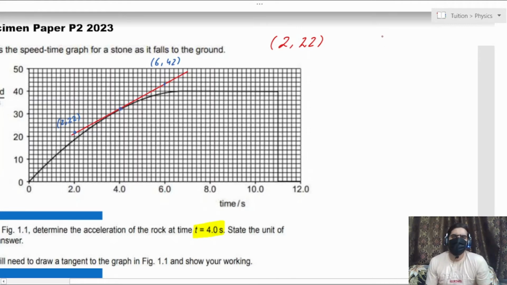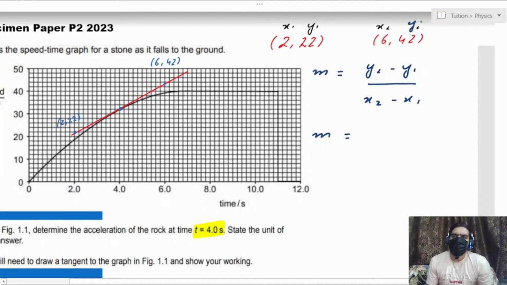There should be a reasonable distance. Then you can call the first point x1, y1, and the second x2, y2. Then you write down the formula of gradient, y2 minus y1 over x2 minus x1. This is what we study in mathematics as well.